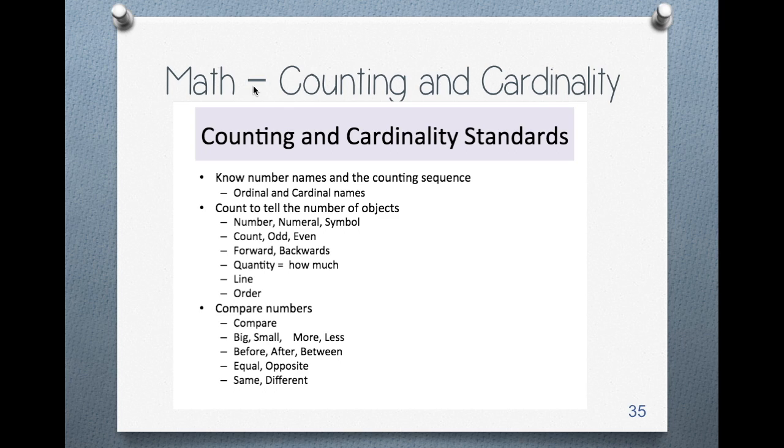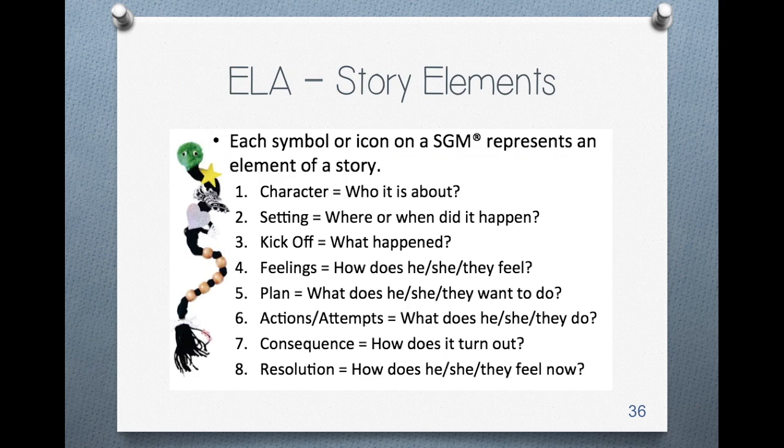So here's an example for math, counting, and cardinality, where quantity is how much, or comparison words. So she's pulled out some core words that can be used in lieu of some of the more specific math words.